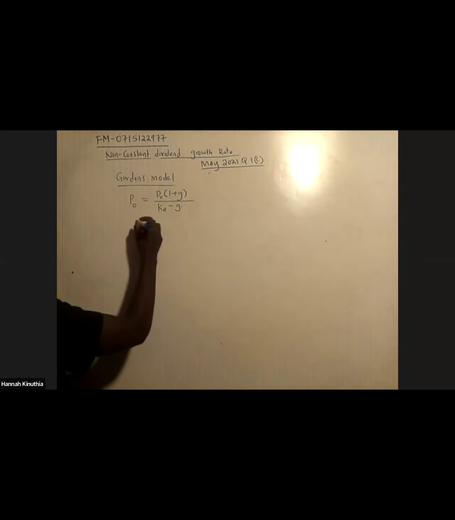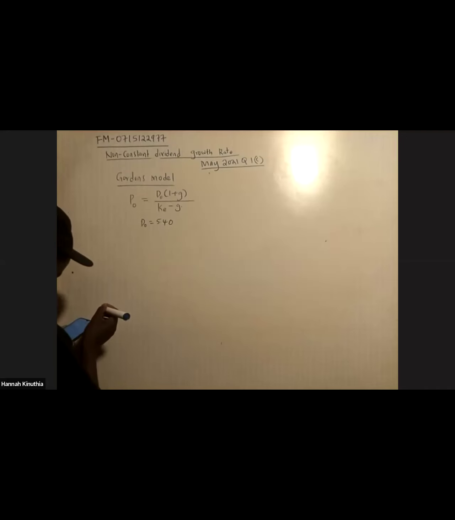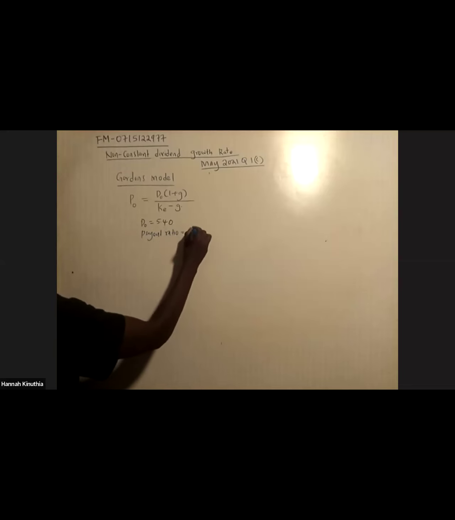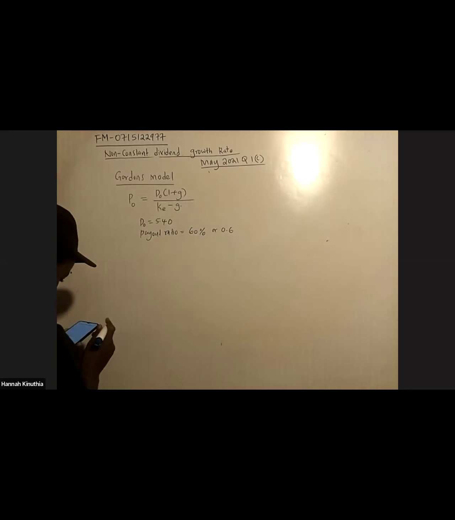Now let us analyze the question and see if it is possible. The company expects dividends, so D0 is 5.40, and the dividend payout ratio is 60%, or 0.6.